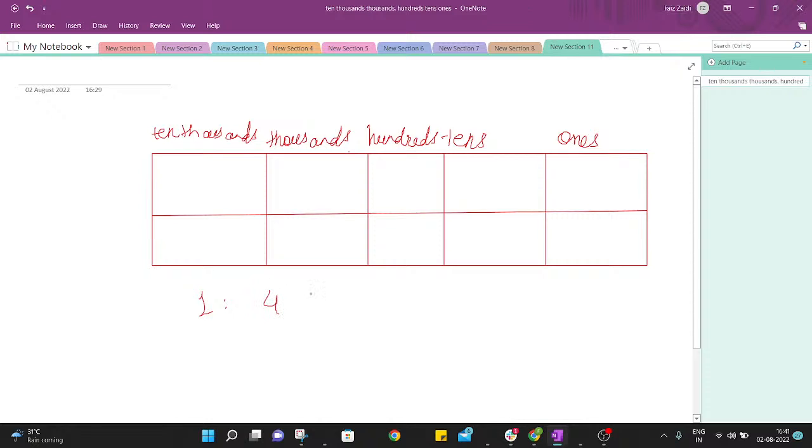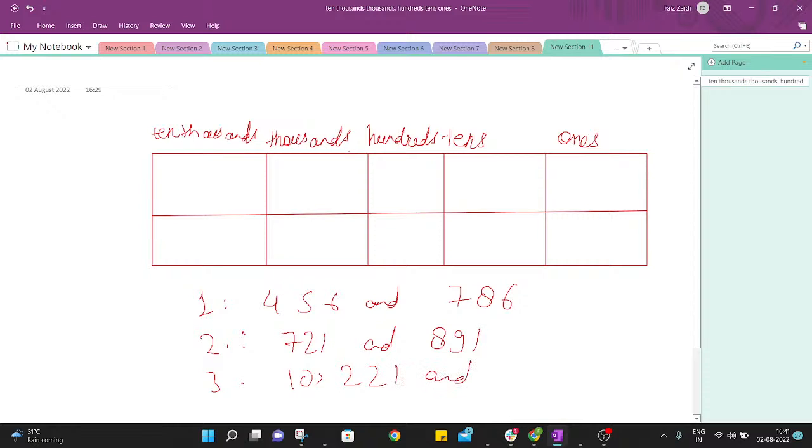So the first pair is 456 and 786. Second is 721 and 891. Third is 10,221 and 10,543.